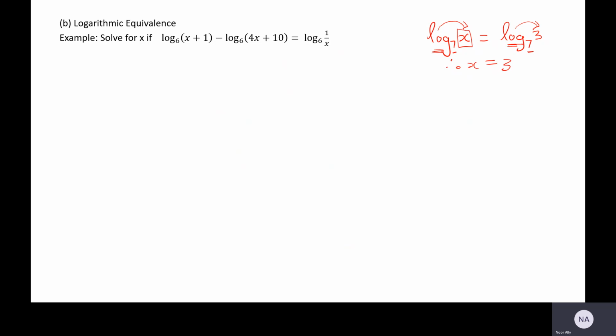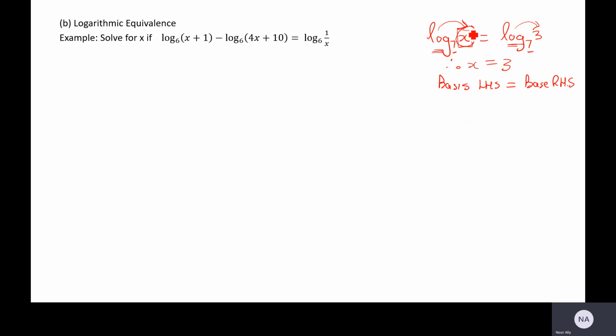Now, be careful. I did not say cancel off log and base 7, because in effect, that is not the concept that you're applying. You are applying what we call log equivalence. Provided the bases on the left-hand side is equal to the base on the right-hand side, then the argument, what is the argument?